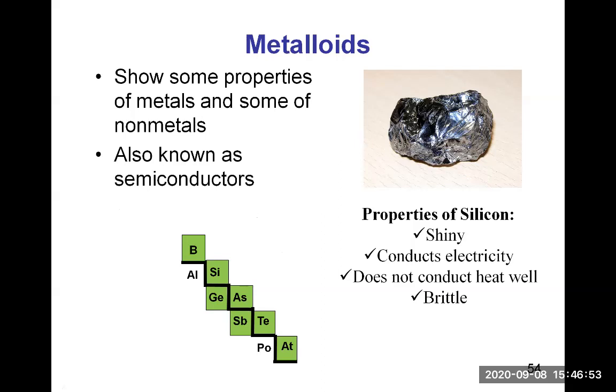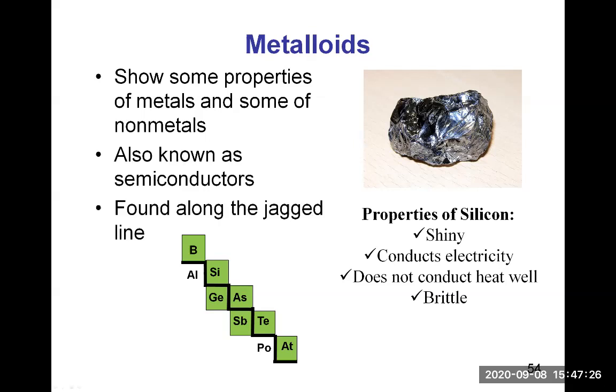Silicon, as you can see in the picture here, is shiny like a metal, conducts electricity like a metal, but does not conduct heat very well like a non-metal, and it's brittle like a non-metal. These semiconductors are very useful to make all kinds of electronic devices. So very useful elements here, and they are found on the jagged line.